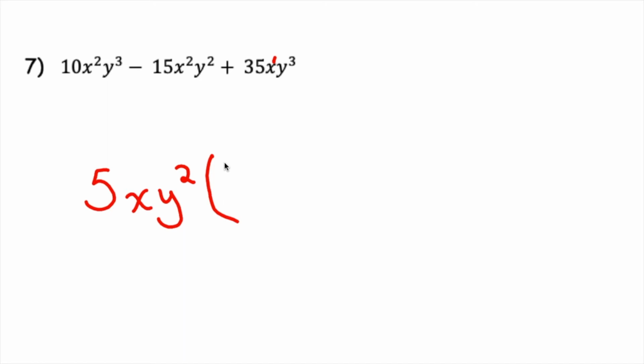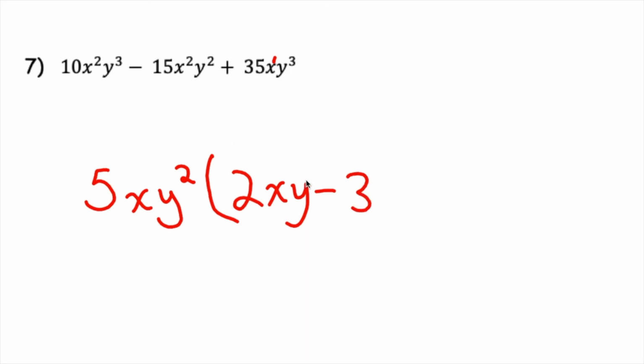So let's divide. 10 divided by 5 is 2. I started with x squared, which means there were 2 copies of x. I took one of them out, so there's still one left here. Y to the third meant 3 copies. I took 2 of them out, so there is still one left. Minus, next step, 15 divided by 5 is 3.